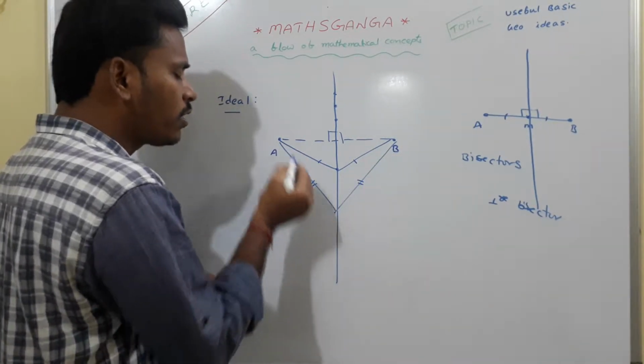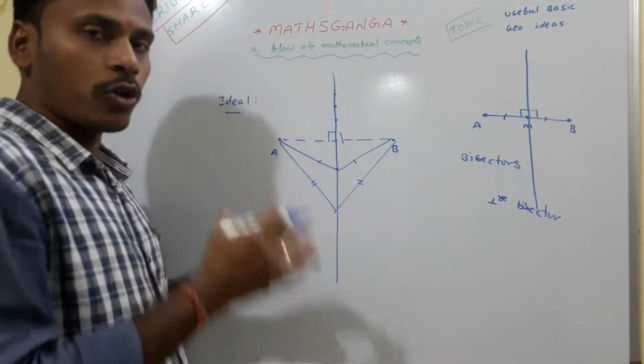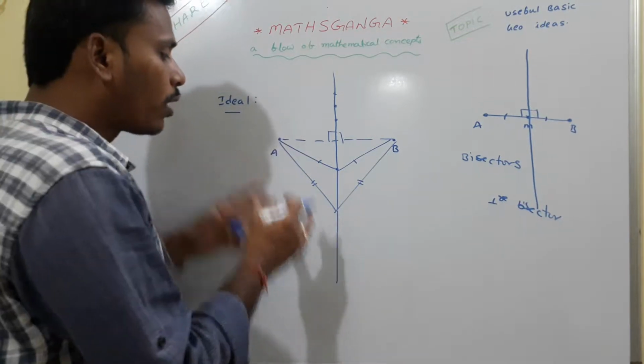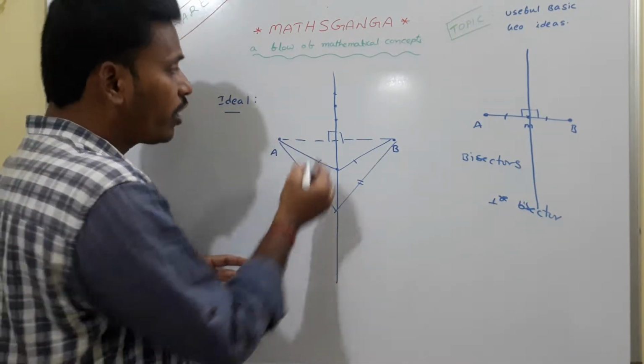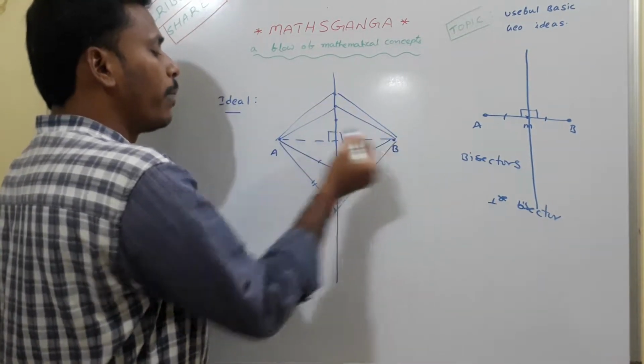The general situation is that this is the bus station and this is the supermarket, and I need to take a house for rent at equal distance from these two. So the street where I need to rent the house is the perpendicular bisector of the line segment AB.